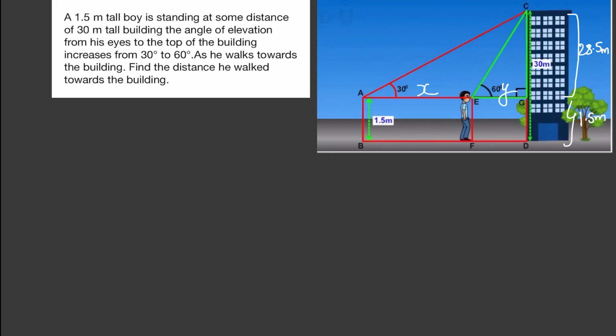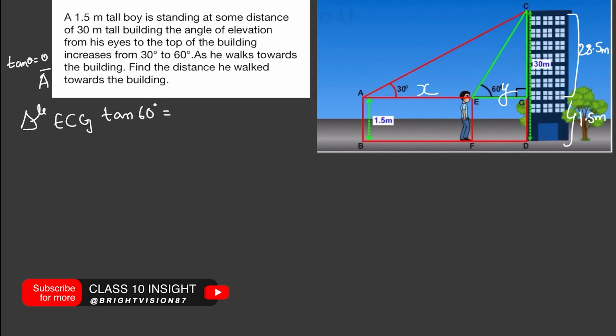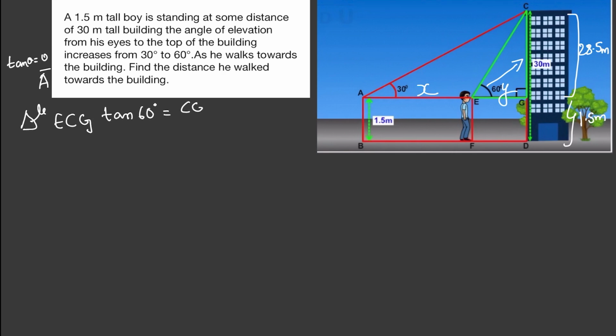Now, let us consider triangle ECG. Considering the tan ratio, tan 60 is equal to, we know that tan theta is equal to opposite by adjacent. Which is the side opposite to the angle 60 degree? It is side CG divided by the adjacent, which is EG.